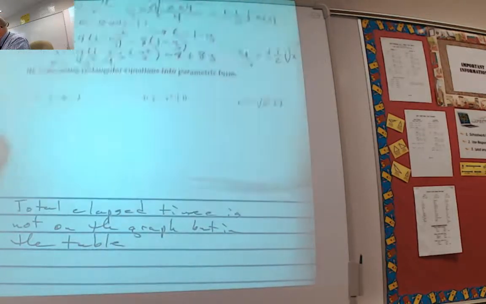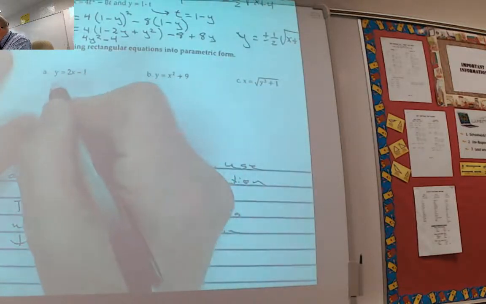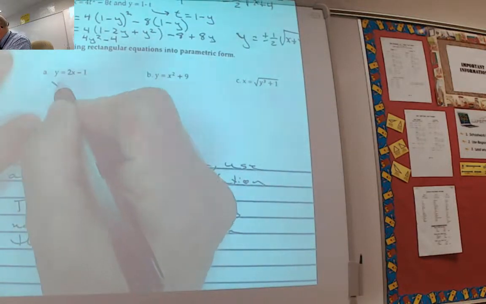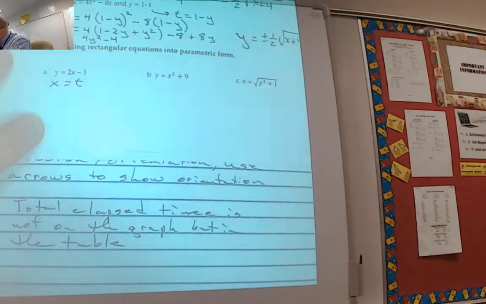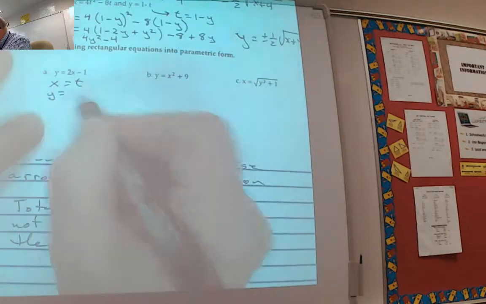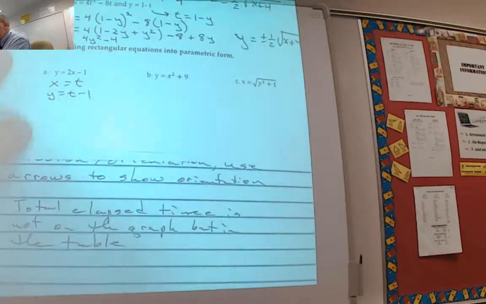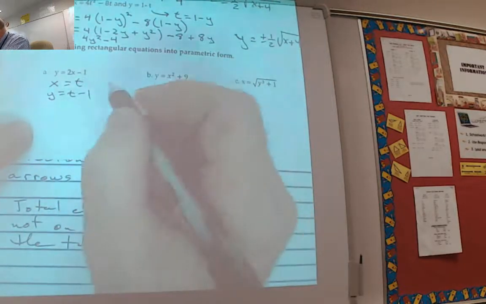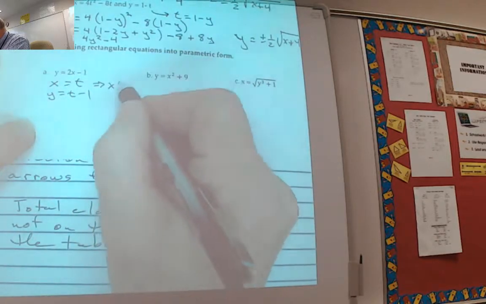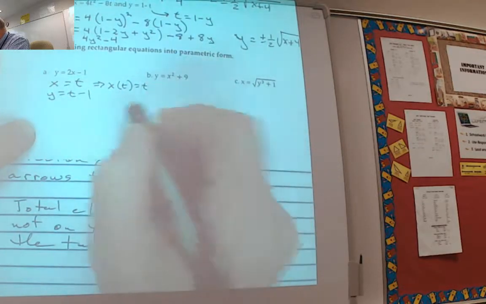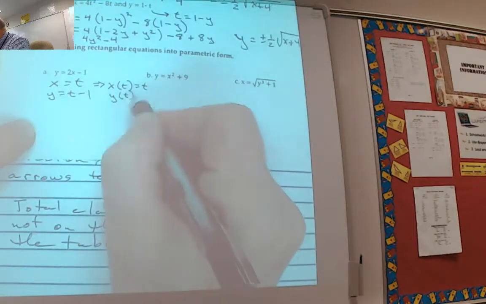For example, the easiest way is to say x equals t, and so then y would equal t minus 1. That would be one set. Or you'll see it also written this way: x of t is equal to t, and y of t is equal to t minus 1.